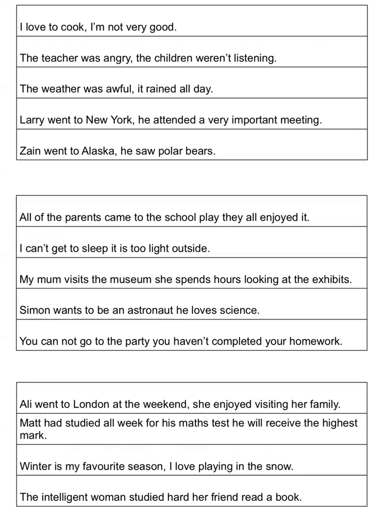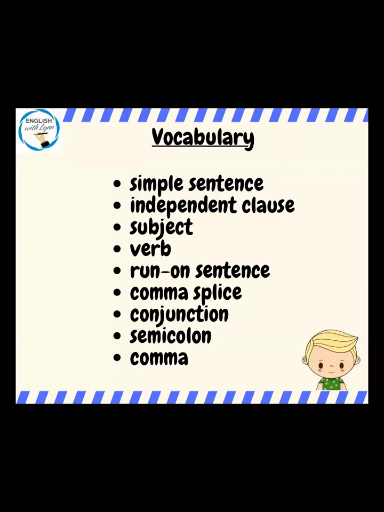And when we are talking today, there are a few words that we are using. I'm hoping that you will be familiar with some of these words. So we are going to be speaking about simple sentences and independent clauses. Independent clauses and simple sentences include a subject and a verb.